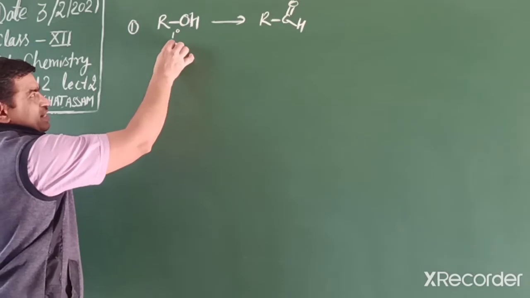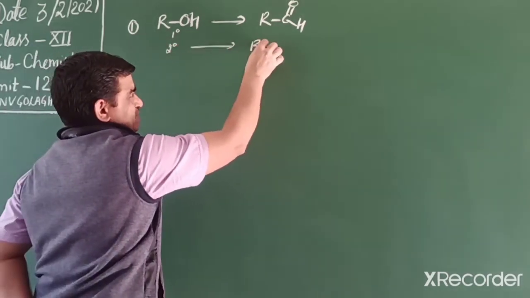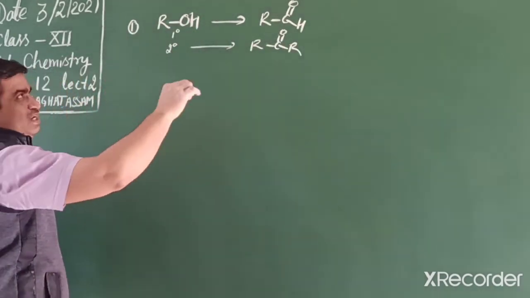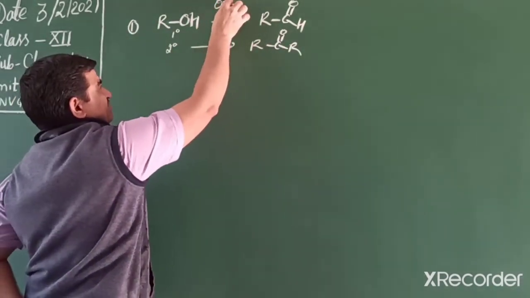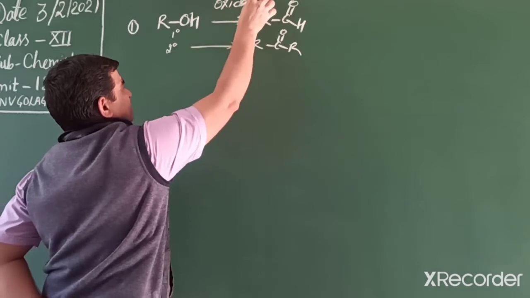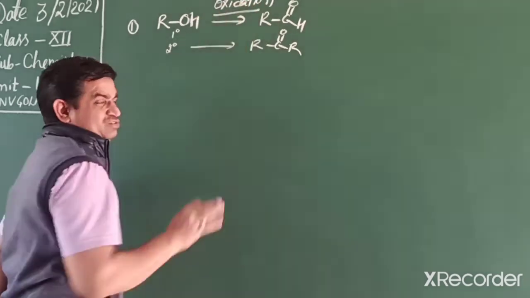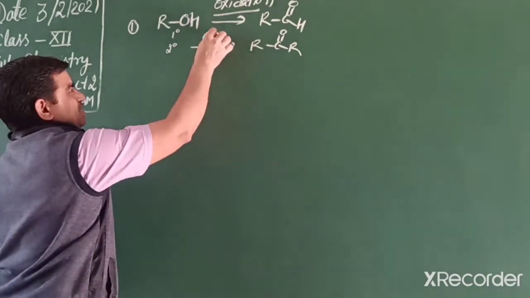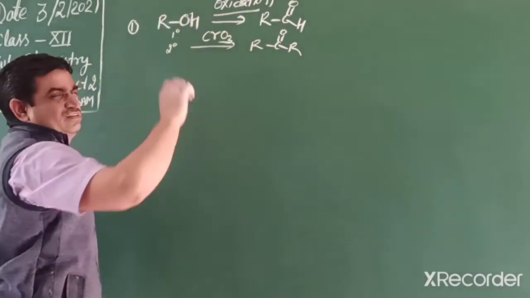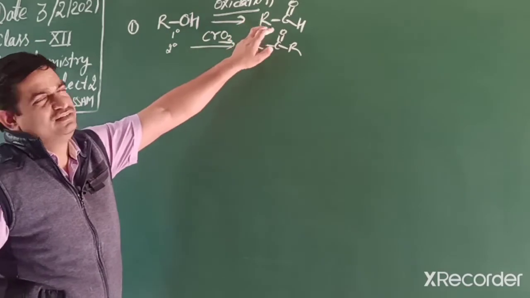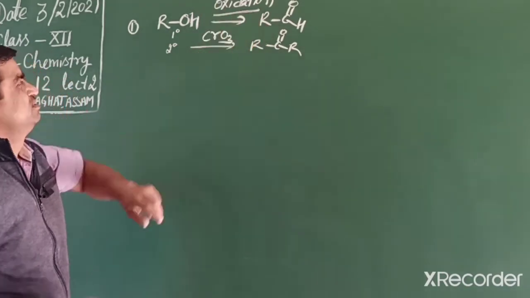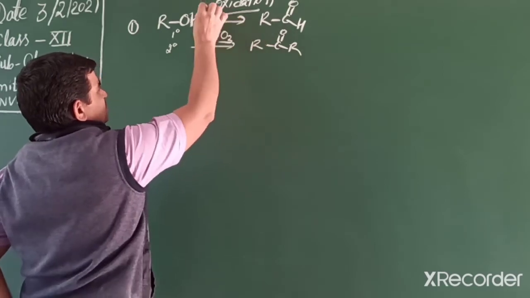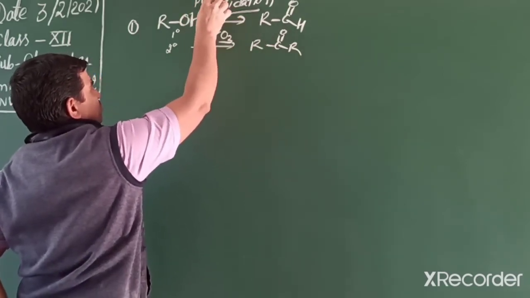If the alcohol is secondary, then the product is ketone. This reaction is known as oxidation. Using a weaker reagent, CrO3, we can stop at this stage. If we want up to aldehyde, then we use PCC, a less reactive reagent, pyridinium chlorochromate.